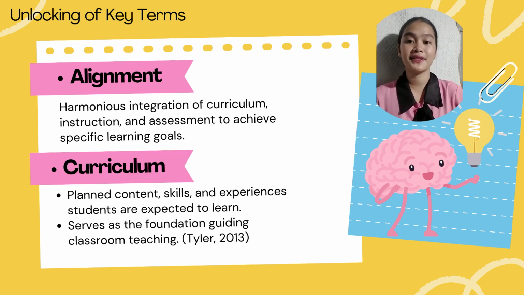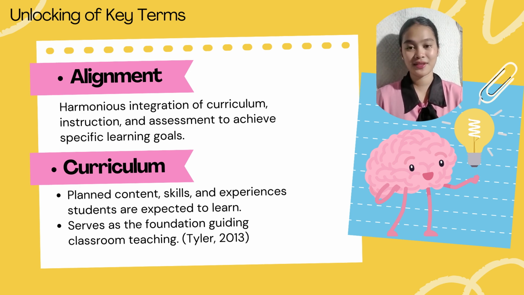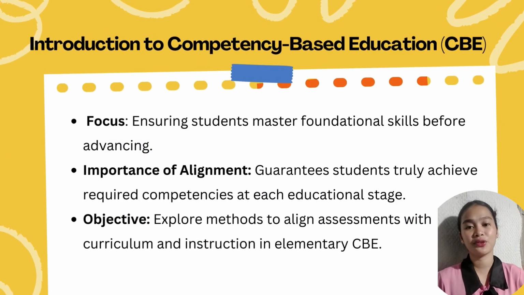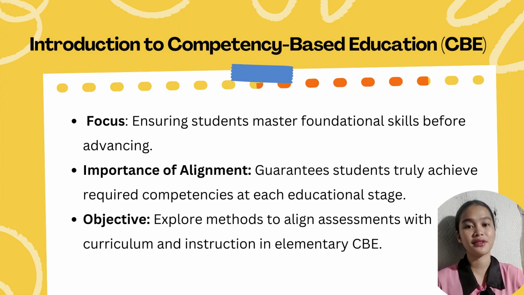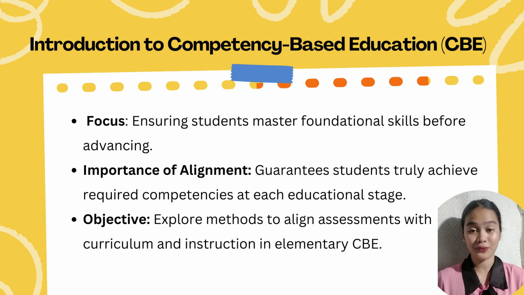In competency based education, alignment refers to the seamless integration of these three components. This ensures that what is taught, how it is taught, and how learning is measured are all working together to achieve specific learning goals. In competency based education, the focus is on mastering specific skills and knowledge at each stage of learning.